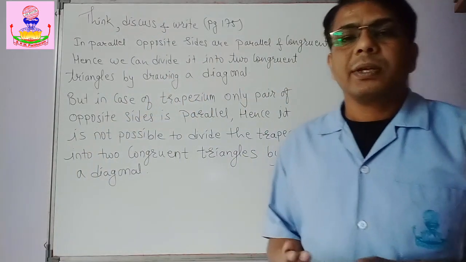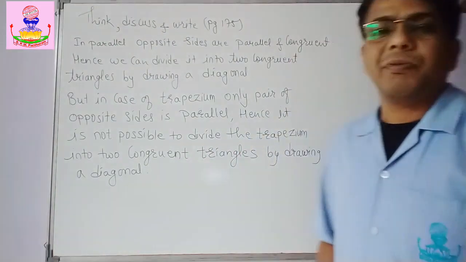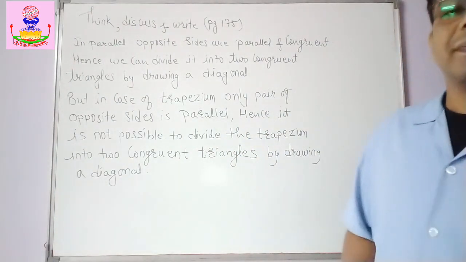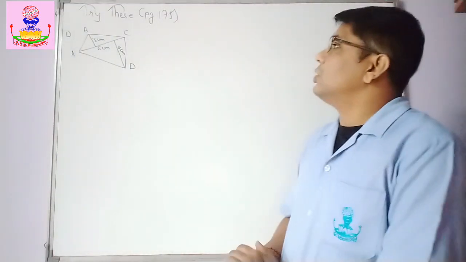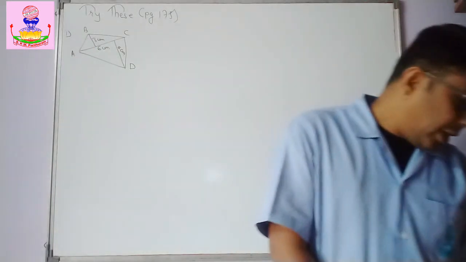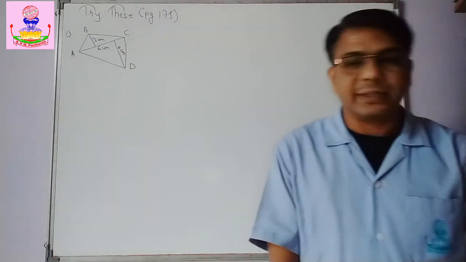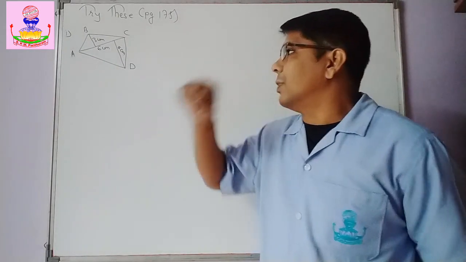Okay. Now try these on page 175. First one, you have to find the areas of these quadrilaterals, figure 11.14. Okay, so from that I am solving the first one.